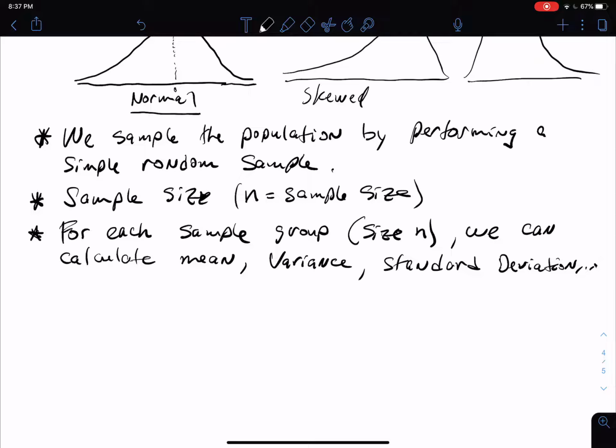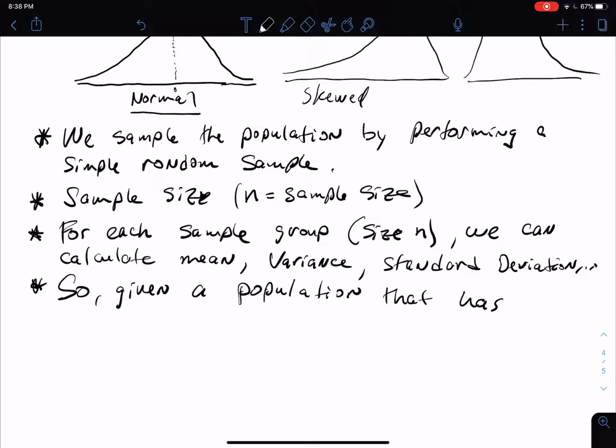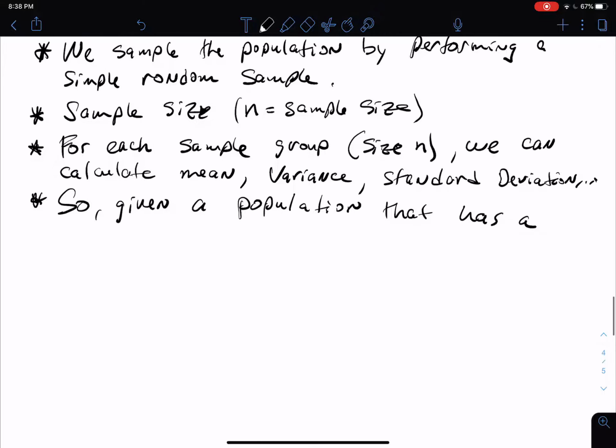So given a population that has a mean, and for population we use mu, and given a population that has a standard deviation, for population standard deviation we use sigma.